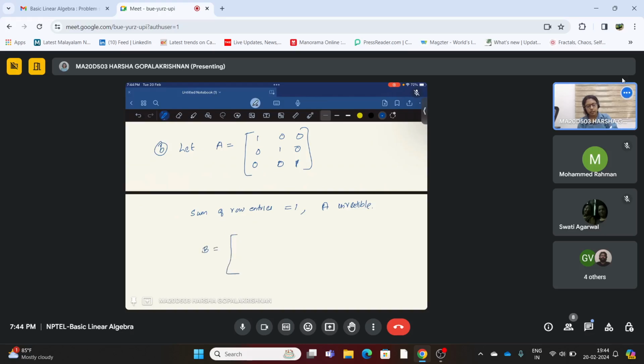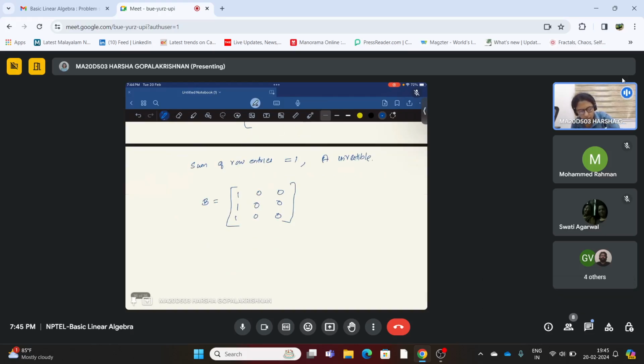Anyone? Just take any matrix, not invertible, but the sum of row entries equals a non-zero value. I will give you the example 1 0 0, 1 0 0, 1 0 0. What about this? Does it satisfy the given condition? Yes.